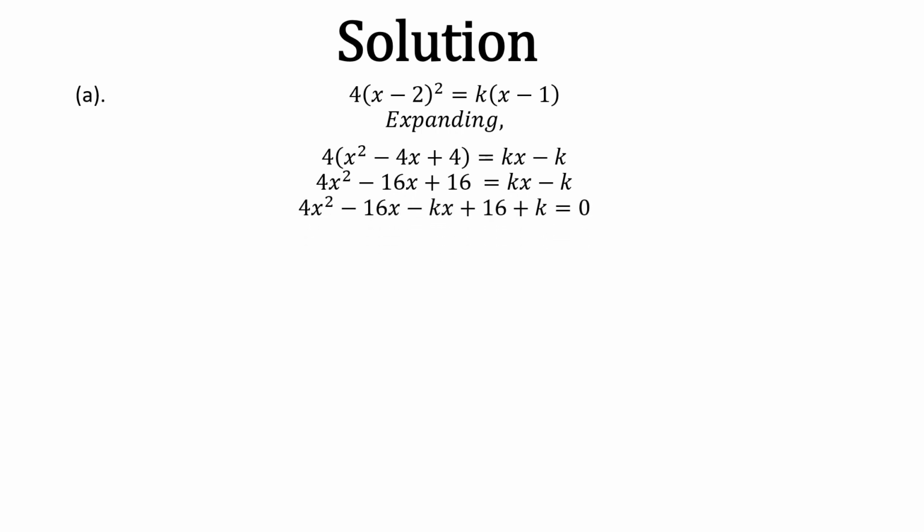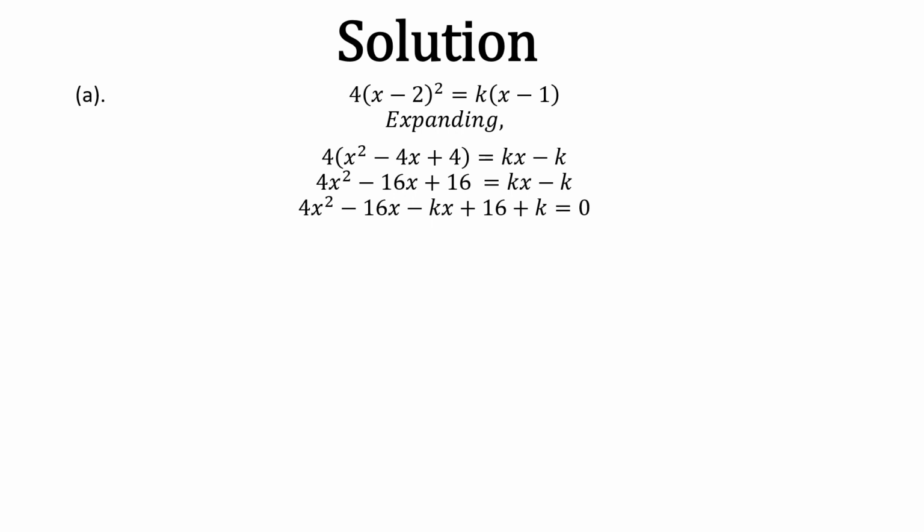Now we bring kx and k to the left-hand side of the equation. When kx comes to the left-hand side, it becomes negative, and negative k becomes positive k. We equate it to 0 so that we can locate a, b, and c.